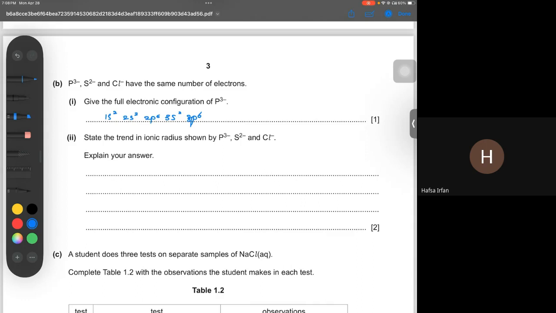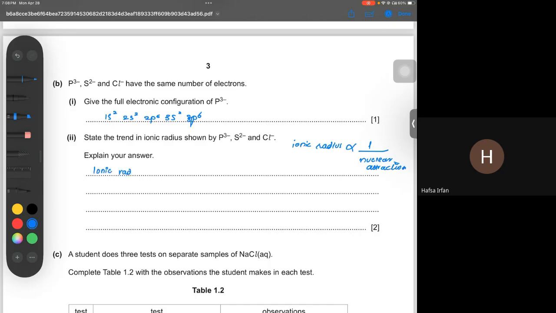Ionic radius is inversely proportional to the nuclear attraction. If the nuclear attraction is higher, the ionic radius would be smaller. If the nuclear attraction is lower, the ionic radius would be higher. This is of 2 marks.